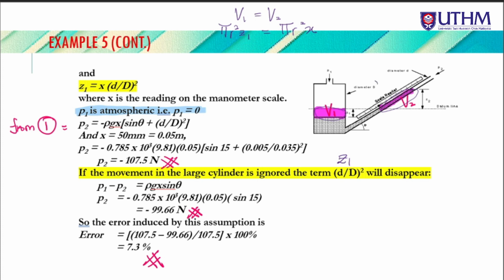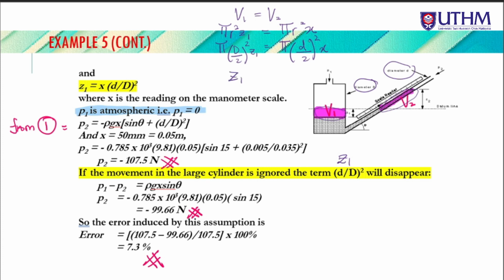Okay, so since given is D in terms of diameter, so pi R adalah D per 2 squared Z1 equals to pi, kalau yang belah kanan ni dia punya diameter adalah small d per 2 squared times X. Okay, so kalau kita tengok dekat sini, kita nak cari apa tadi? Z1 kan? Kita nak cari Z1.